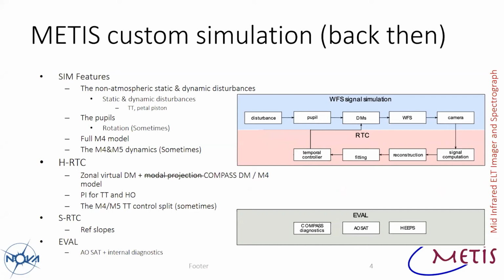The temporal controller directly controlled the DMs. And mostly we did not have anything that resembled the soft RTC. We could, of course, put some NCPAs or pedal piston, but there was no sophisticated control or feedback of any kind. The evaluation was already there.